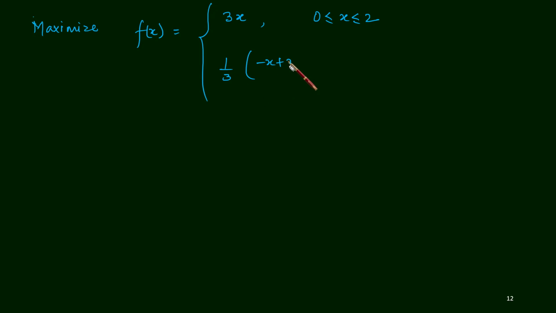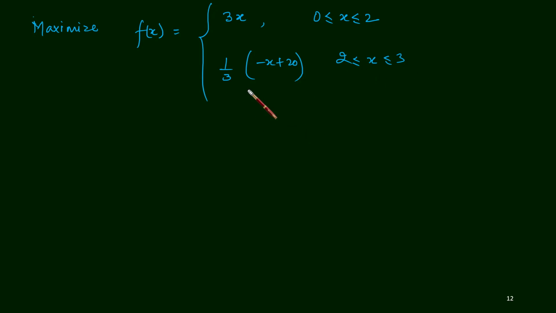Okay, so see here, the question is to maximize f(x) equal to 3x when x is between 0 and 2, and 1 by 3 minus x plus 20 when x is between 2 to 3.